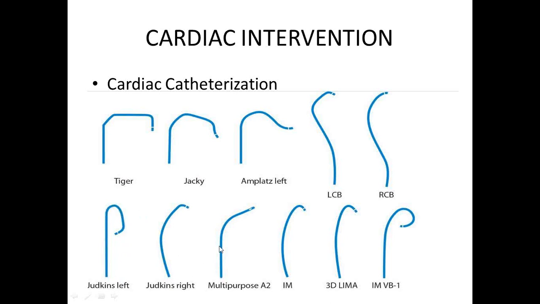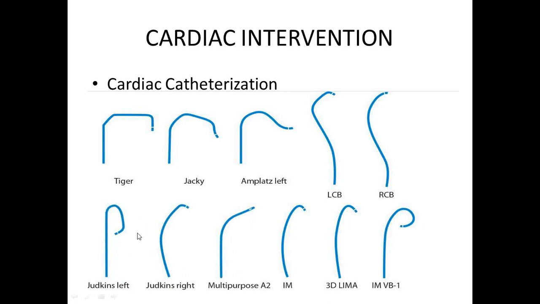So this is a multi-purpose catheter. It has no preformed curvature. Okay, so you can see your Judkins right has a preformed curvature, and the left has a preformed curvature, but your multi-purpose doesn't have any curvature. The beauty of the multi-purpose is you can manipulate it to cannulate the right and the left coronary artery.